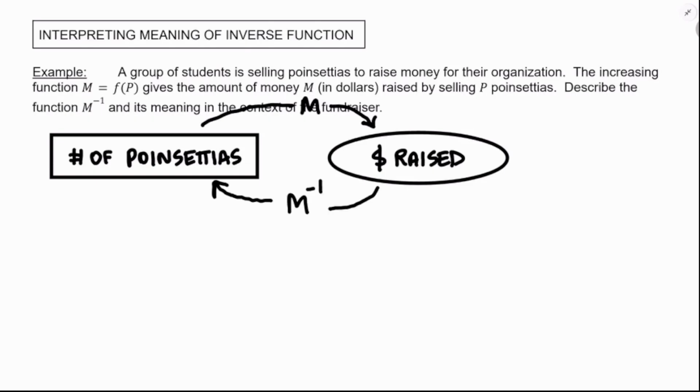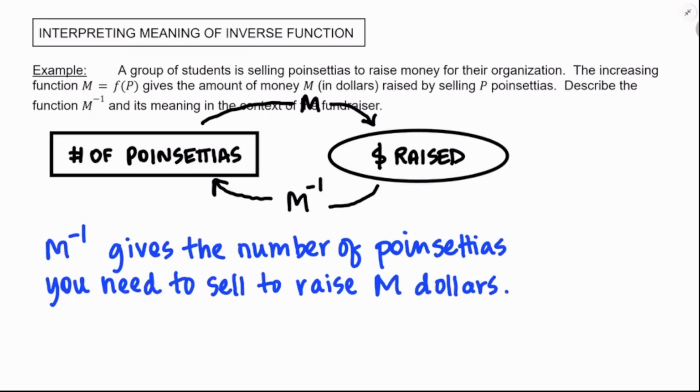So I might say that m inverse takes an amount of money raised. Say you need to raise some certain amount because that's your goal. And it'll tell you how many poinsettias you need to sell to reach that goal. And you could see that, in certain contexts, the function m would be useful, and in other contexts, depending on your perspective, m inverse might be the more relevant function.